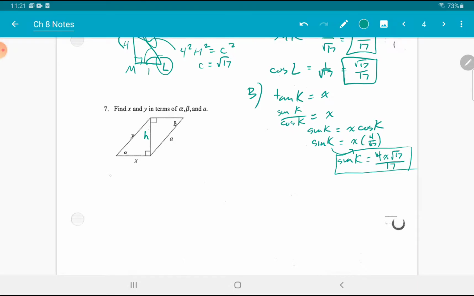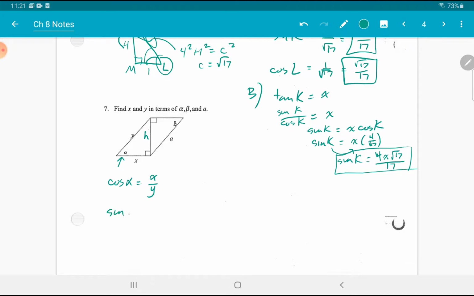I'm going to write a couple things down just based on some understanding of these angles here. I know that if I look at that alpha symbol, cosine of alpha is the same as x over y, right? Find x and y. So we want to find x and y. I'm just trying to come up with some other ratios here.